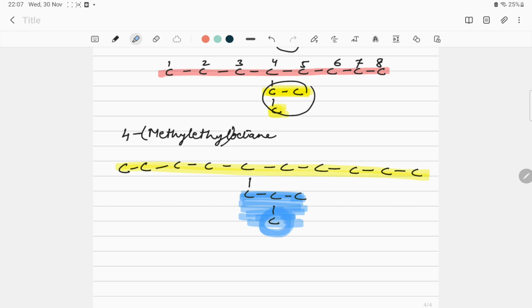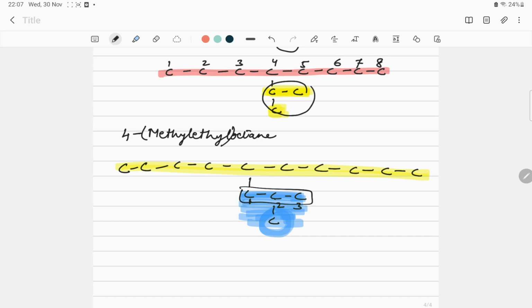Now how to name this substituent? In the substituent, always keep in mind the carbon which is directly bonded with the parent chain is always considered as number 1. So this is one carbon selected, and with this carbon we have to select the longest continuous chain. So it is of 1 2 3 carbon atoms.